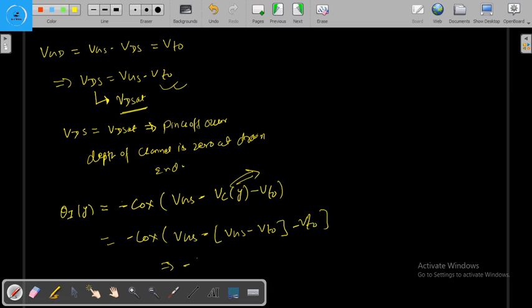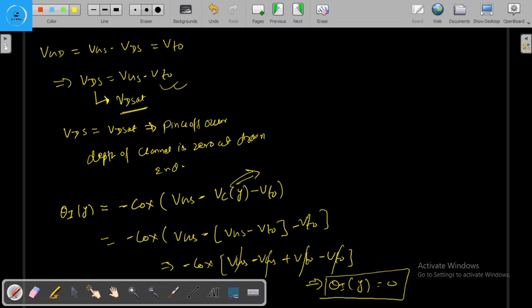On doing this, Vgs minus Vgs plus Vt naught minus Vt naught, the Vgs and Vt naught cancel. Now the charge density in the channel at the drain end is 0.